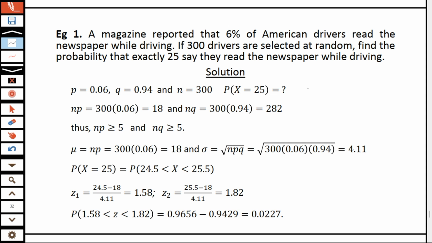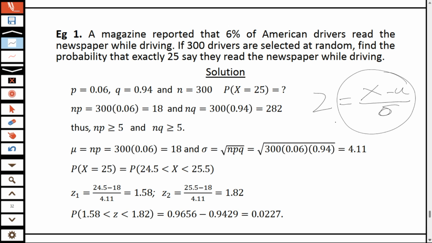Here we get z, our z score. Z is equal to x minus mu divided by sigma. This is what we use to calculate probabilities for the normal distribution. That's our z score.